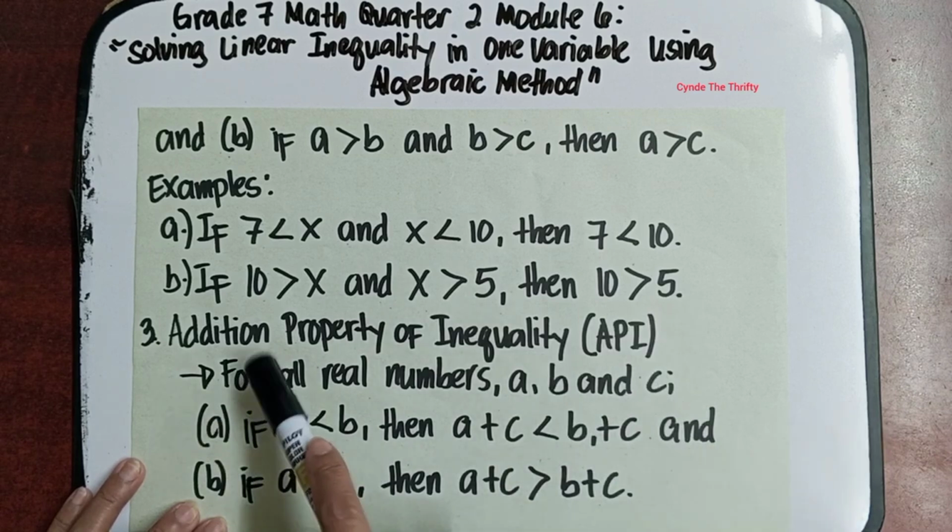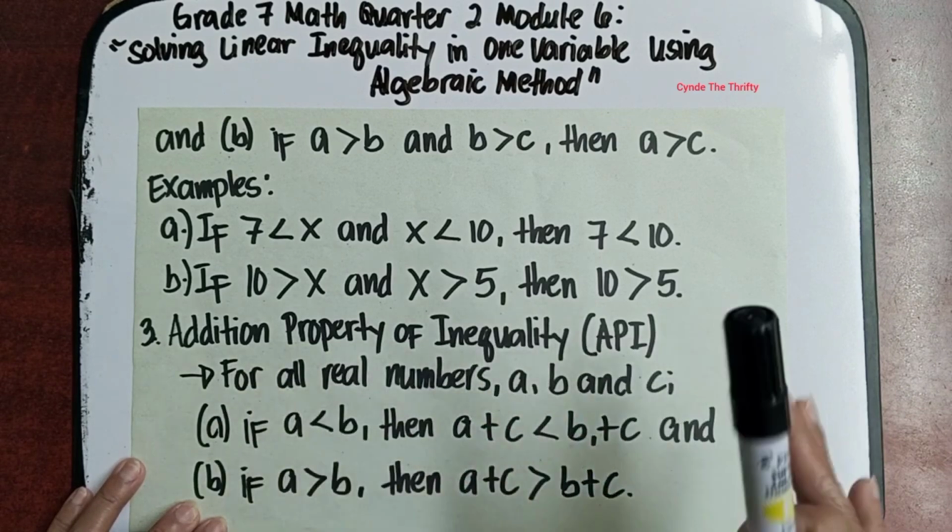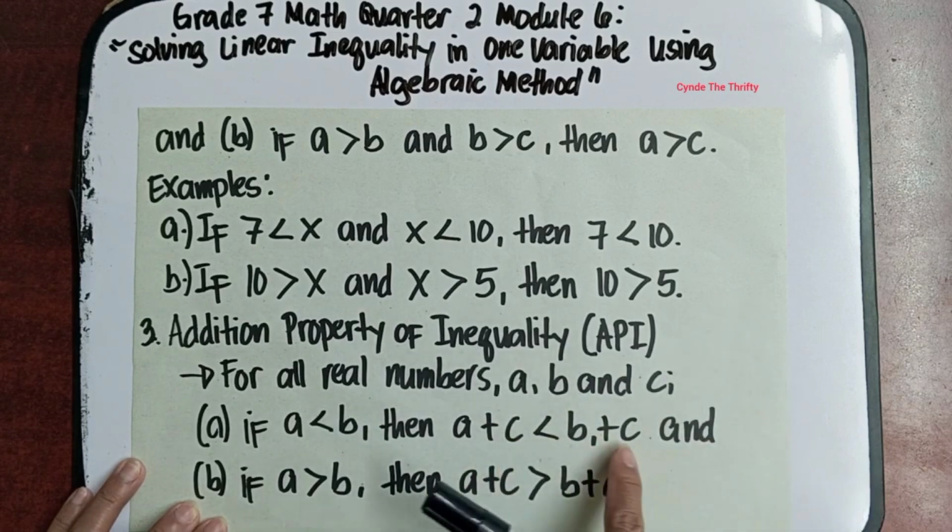Itong ating addition property of inequality. Okay, so nag-add tayo ng parehong number sa both sides. Gaya nito, nag-add tayo ng C sa both sides. At dito naman, nag-add tayo ng C sa both sides.